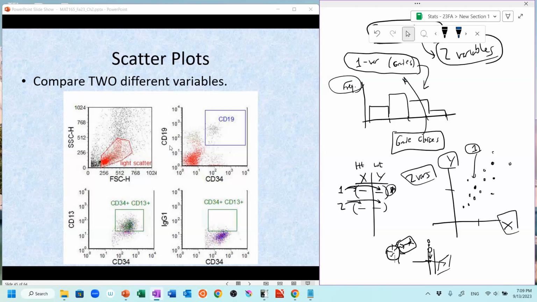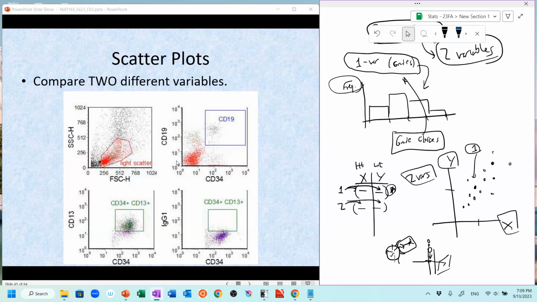Or what about CD19? A pathologist, maybe an oncologist, will look at pictures like this. Each one of these little tiny dots is a different cell, and they'll say, oh, there's a lot of cells around, 10 to the 0 is 1 and 10 to the 1 is 10, so between roughly 0 to 10 units of intensity on CD34, and between 0 and 10 units of intensity on CD19.